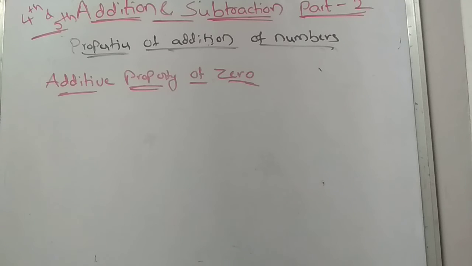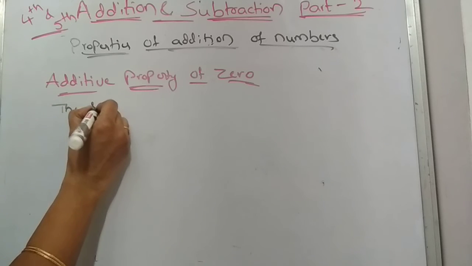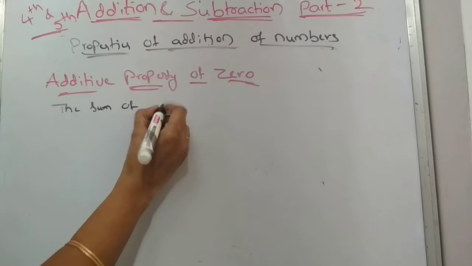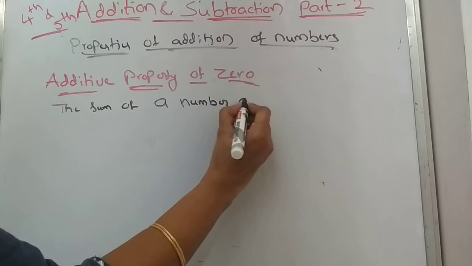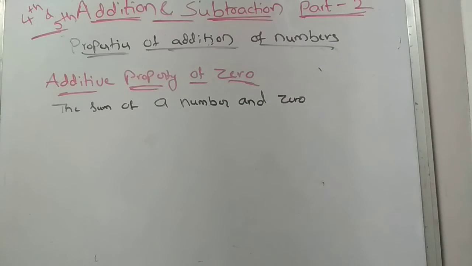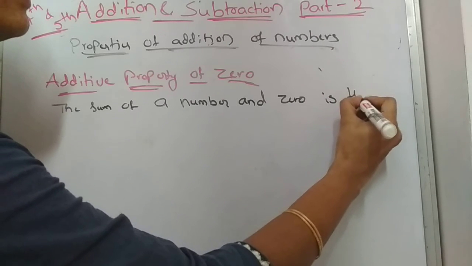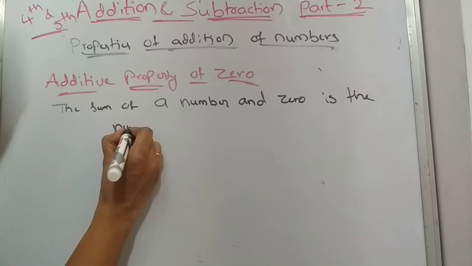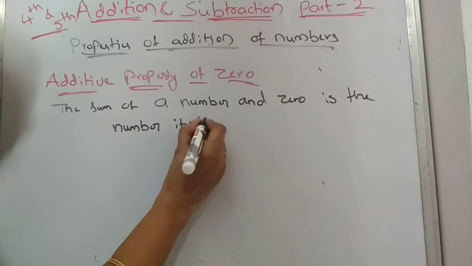The sum of a number and 0 is the same number.